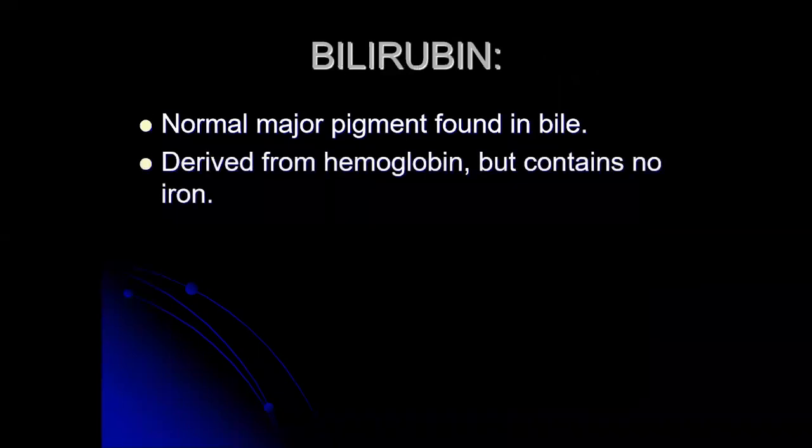Okay, so let's swiftly move to another pigment that we had alluded to earlier, bilirubin. Bilirubin is mainly found in bile, and you know, bile is secreted from our liver. How do you find bilirubin? We talked about hemoglobin.